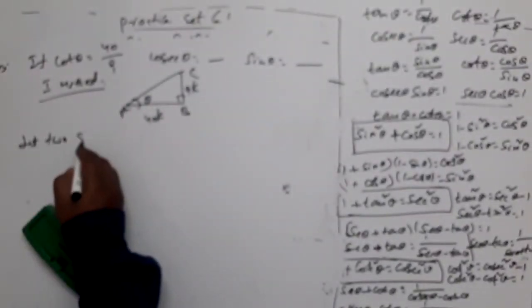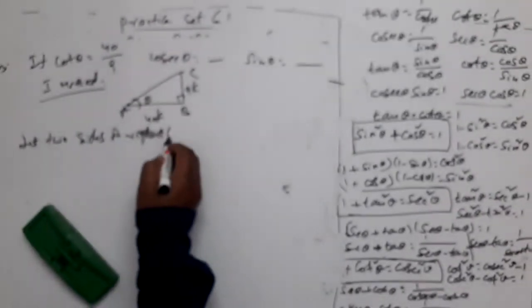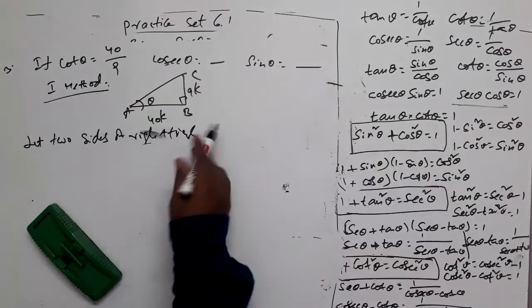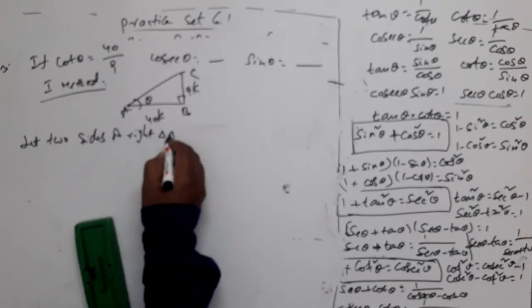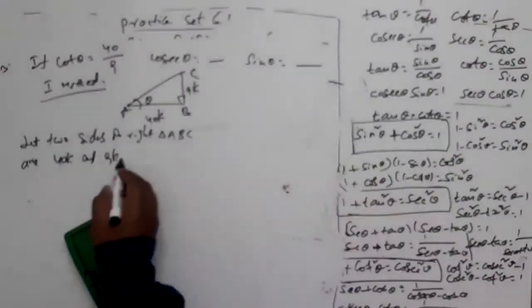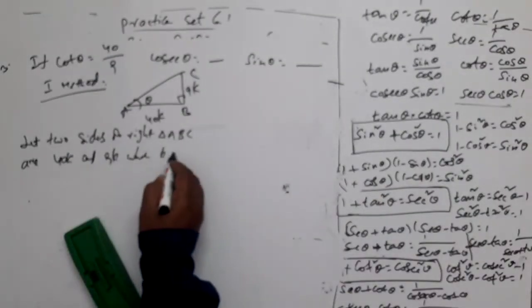Let two sides of a right triangle ABC are 40K and 9K, where K is a positive number, right?